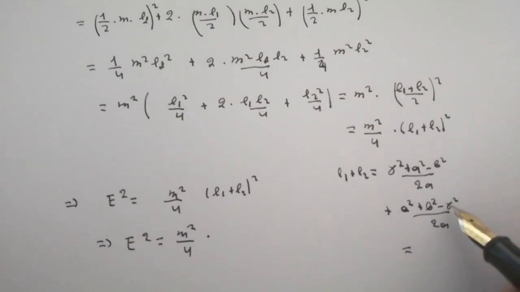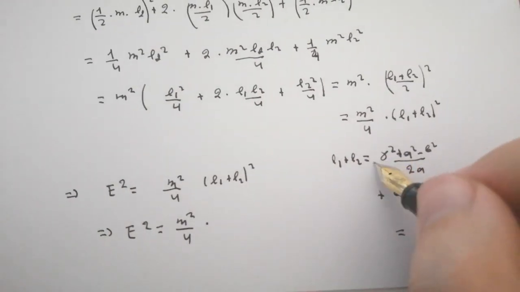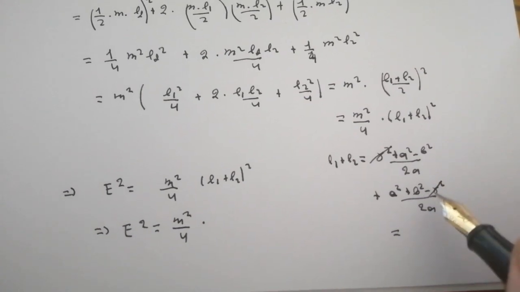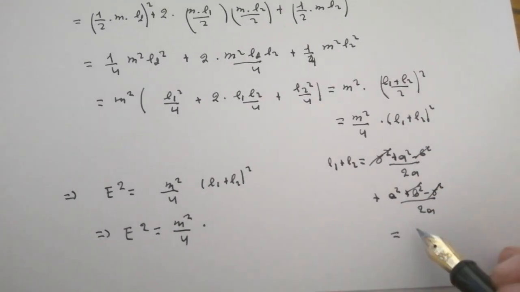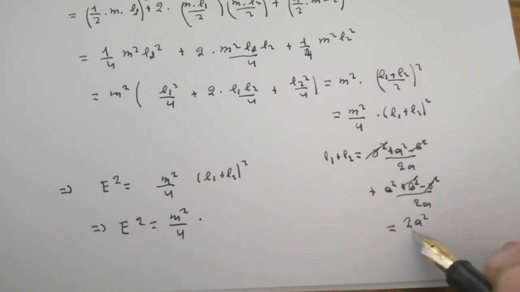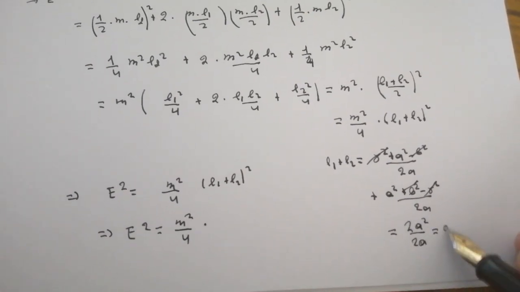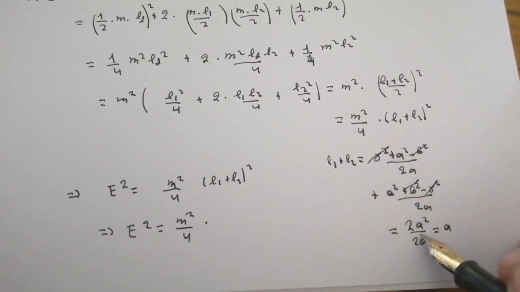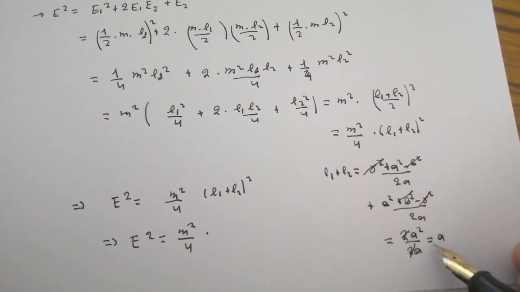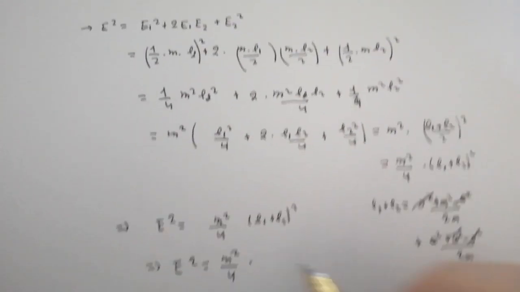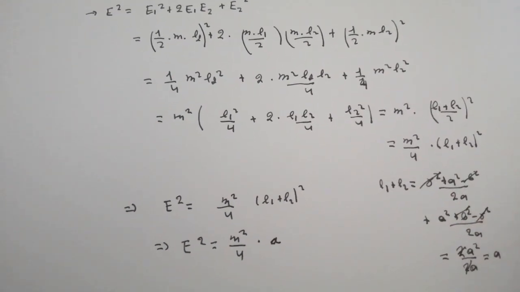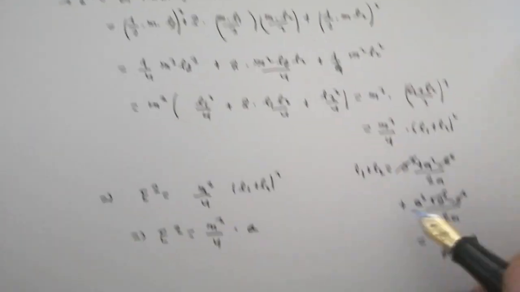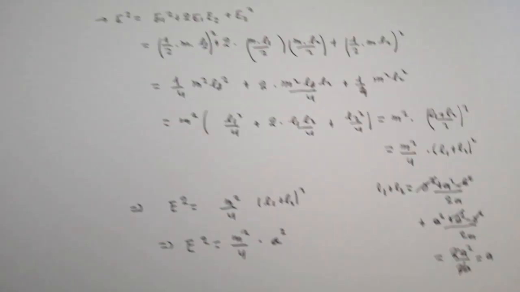This term and this term cancel out because they have opposite signs. This term with this term cancel out, so we have 2 times a squared over 2a. We cancel out the 2's, so we just have a squared here.